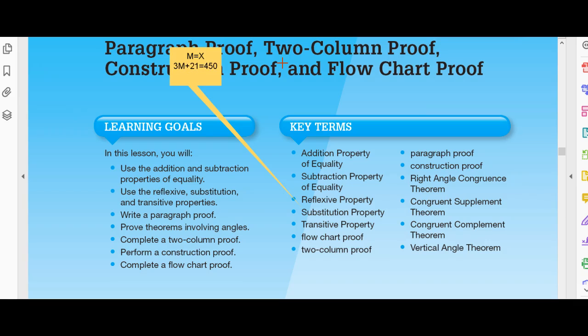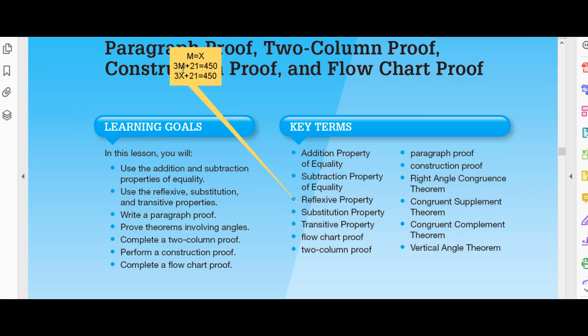Now because m and x are equal, I can come down to this equation, and where I see m, what can I replace it with? Obviously I can replace it with x, and that means I could say 3x plus 21. So now I'm saying the same exact thing I said before, but I've taken out the m and replaced it with x.